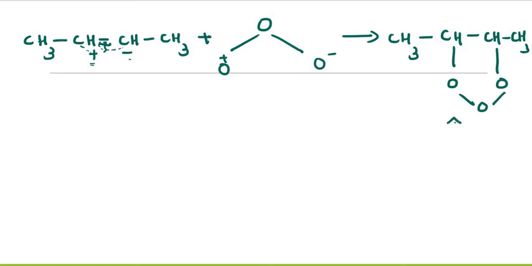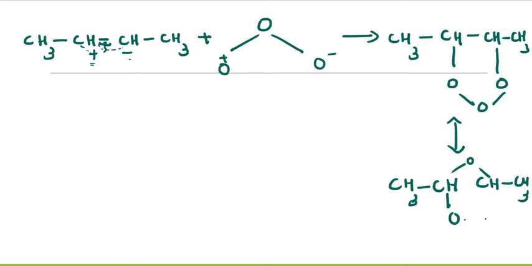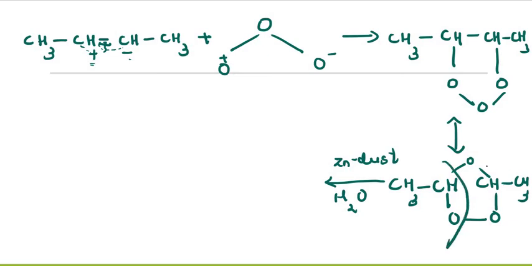Now the above structure can be rearranged and the rearrangement takes place very fast and thus we will be getting CH3, CH, CH, CH3, O. We will be getting it like this. Now this ozonoid formed, or the rearranged product, when it reacts with zinc dust and water, it will break like this.